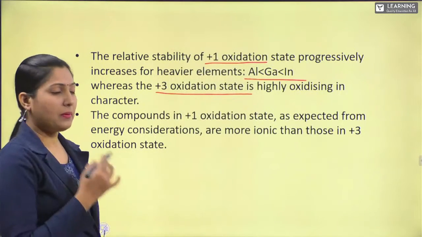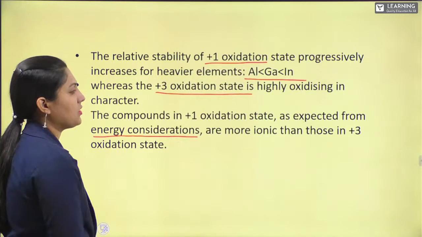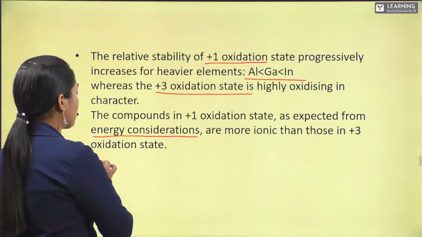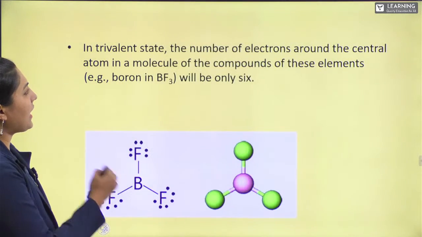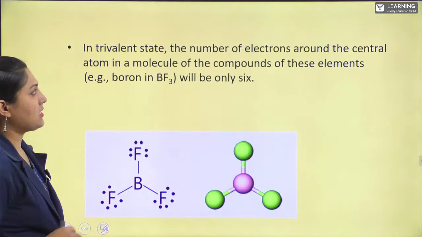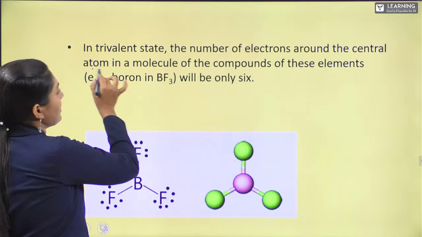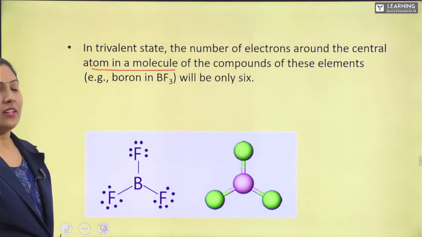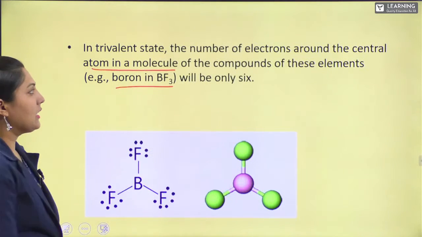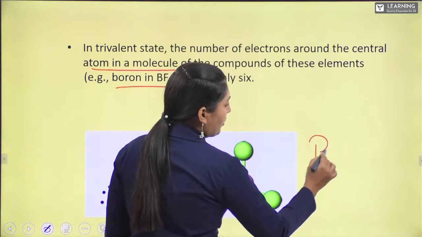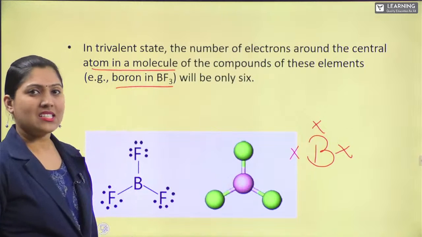And the compounds in the +1 oxidation state, as expected from energy considerations, are more ionic than those in the +3 oxidation state. If you see here, we have the trivalent state where the number of electrons around the central atom will be 6. Like if you can see, we'll have BF3. In this BF3, boron will have 6 electrons in the outermost shell, right? So what does it do?